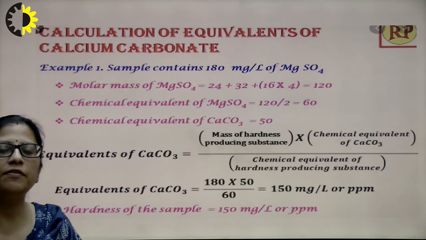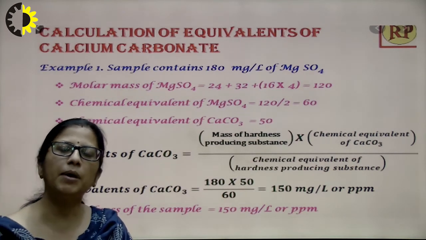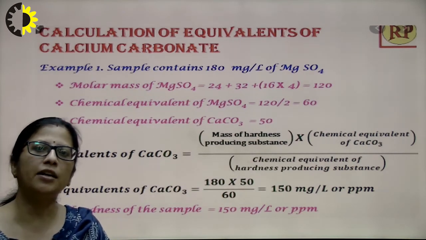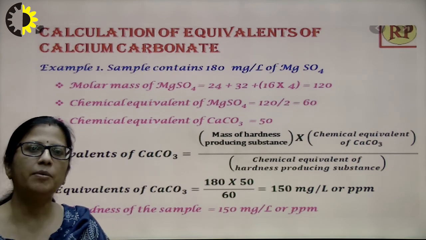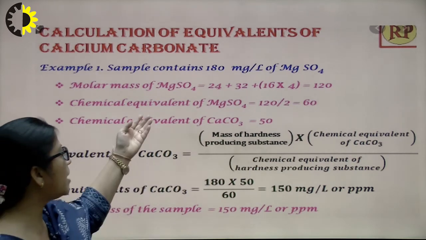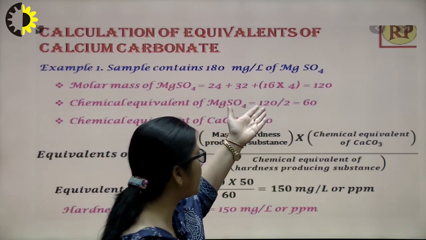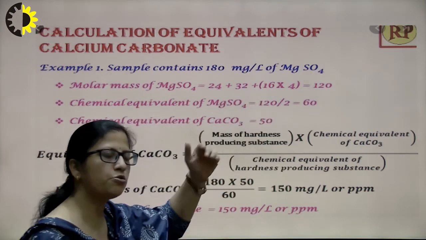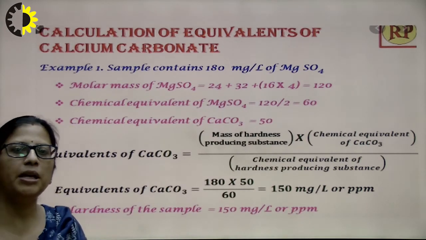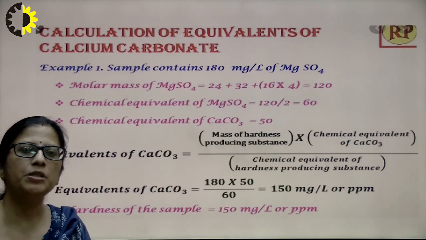That means equivalent weight of calcium carbonate divided by equivalent weight of the hardness producing substance, whichever we are using. Here suppose I am taking magnesium sulphate. The molecular weight of magnesium sulphate is 120, n factor is 2, therefore, equivalent weight will be 120 divided by 2, which is 60.